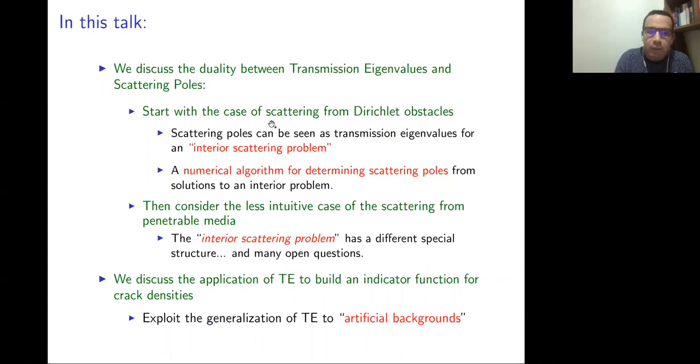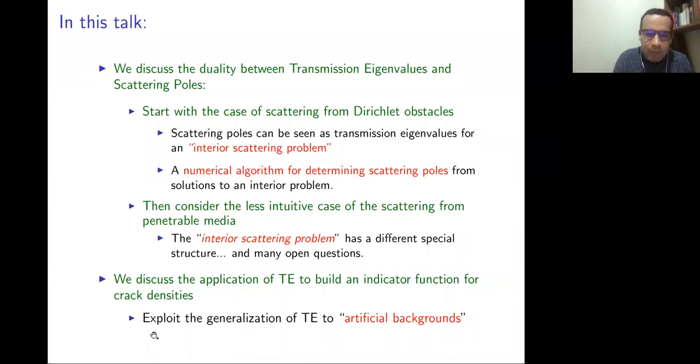I will discuss them for the very simple example of the Dirichlet obstacle, where things are more or less obvious. Then quickly I will say a word about the case of penetrable media, where the interior problem is a little bit different.